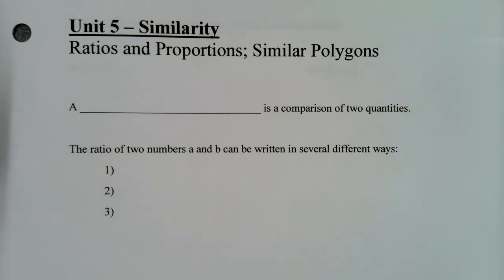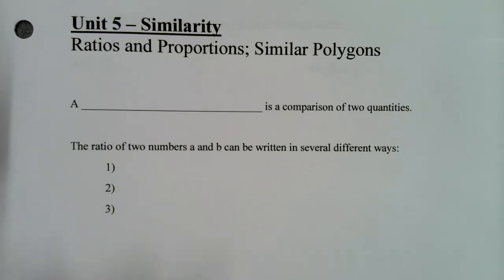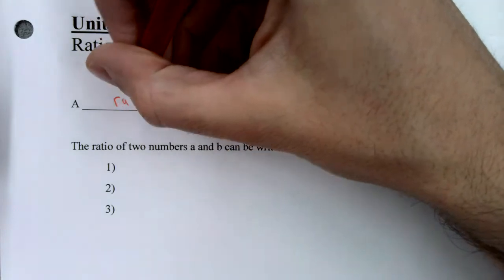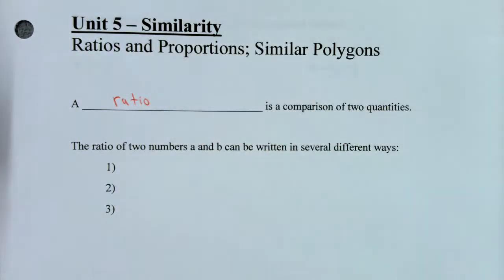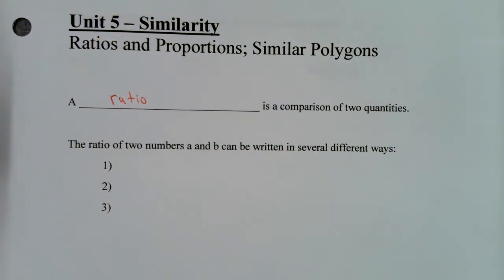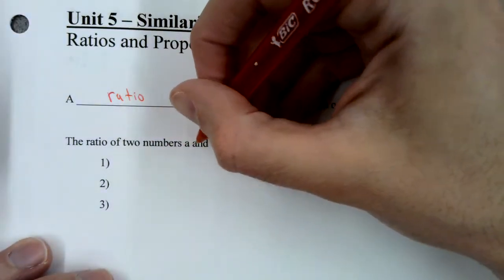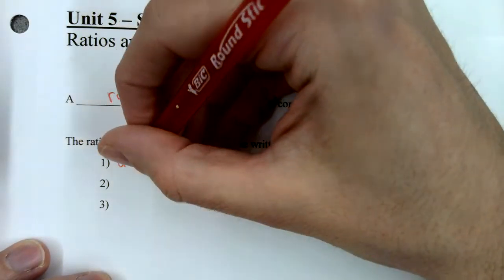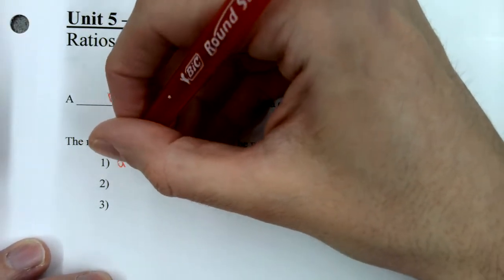Okay, so one definition to start, it's called a ratio. A ratio is a comparison of two quantities. The ratio of two numbers represented A and B can be written in several different ways. So one way to write a ratio is, if we're talking about A and B, you can say A to B, like that.